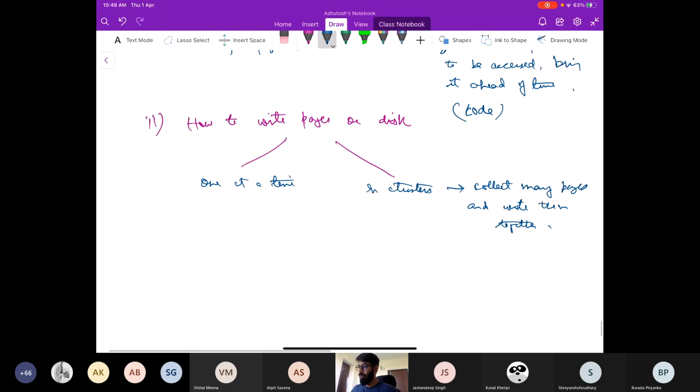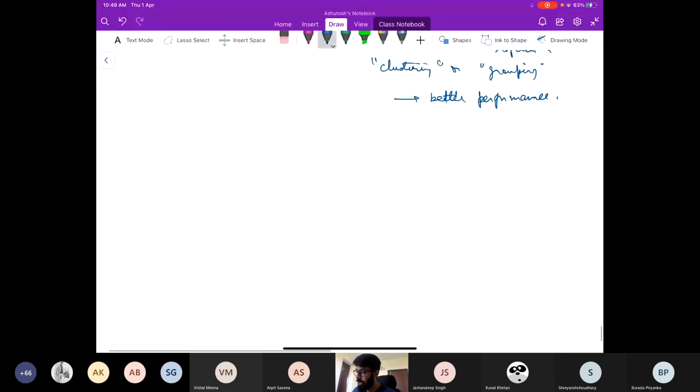This is called clustering or grouping. And this gives better performance because, as I said earlier, one big disk write is much less expensive than many small disk writes.